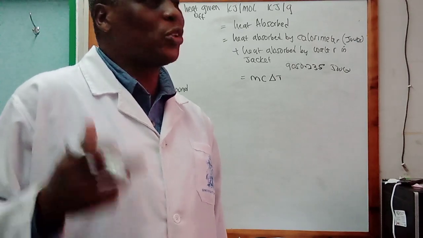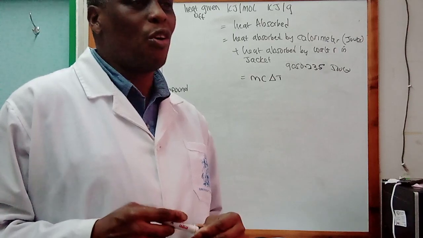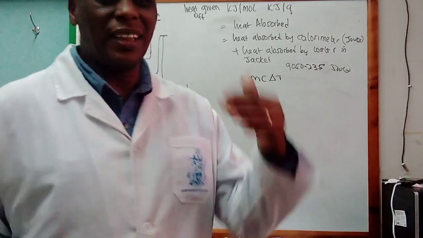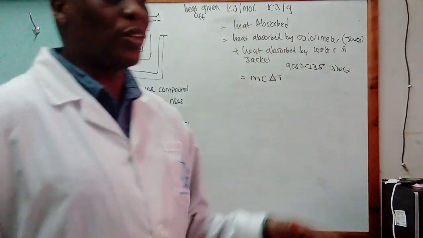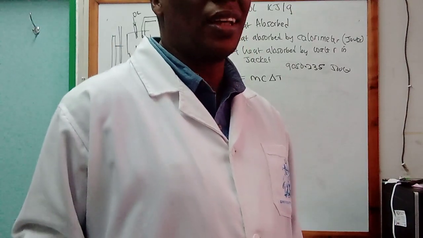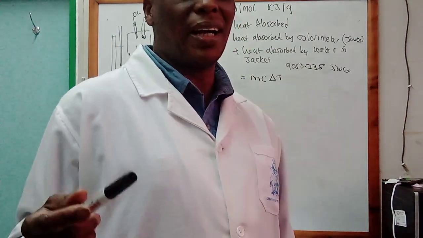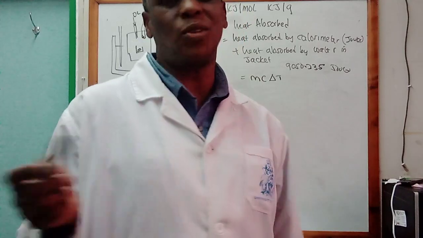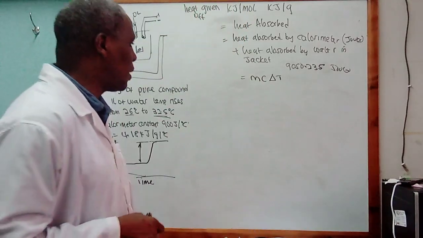But you know that one is only true for 4 degrees Celsius, that the density of water is not exactly 1 gram per mil, but on this one, I think you can assume the density to be 1 gram per mil.